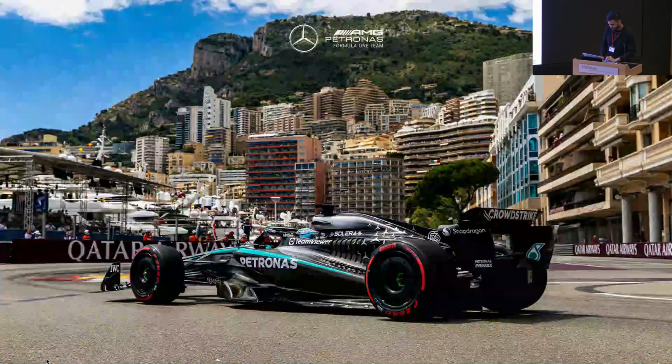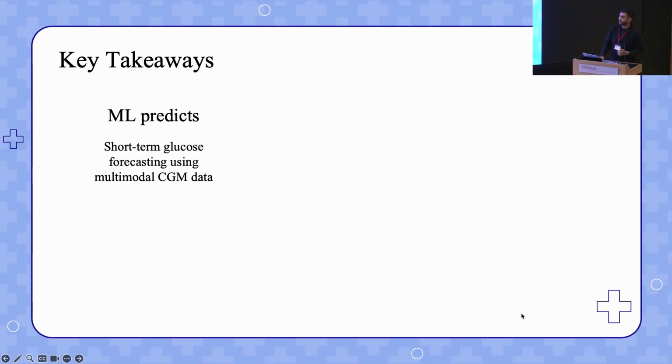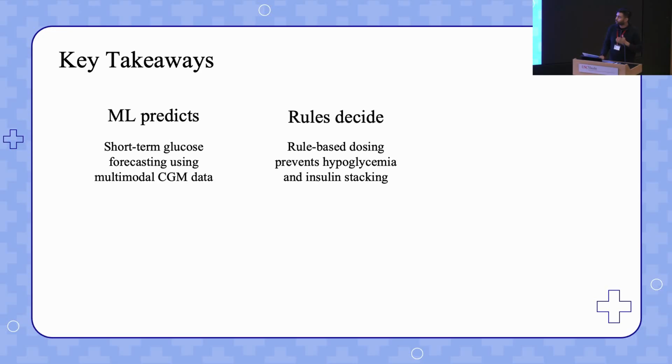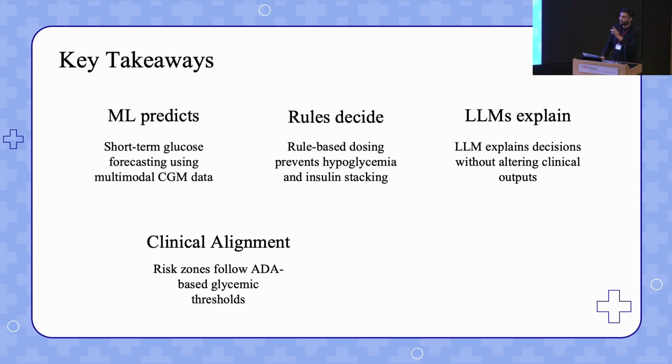So the key takeaways from this work: machine learning will predict, rules will decide the recommendation, and the large language model will explain, all while having clinical alignment, which means it should follow the clinical safety rules to make the decision.